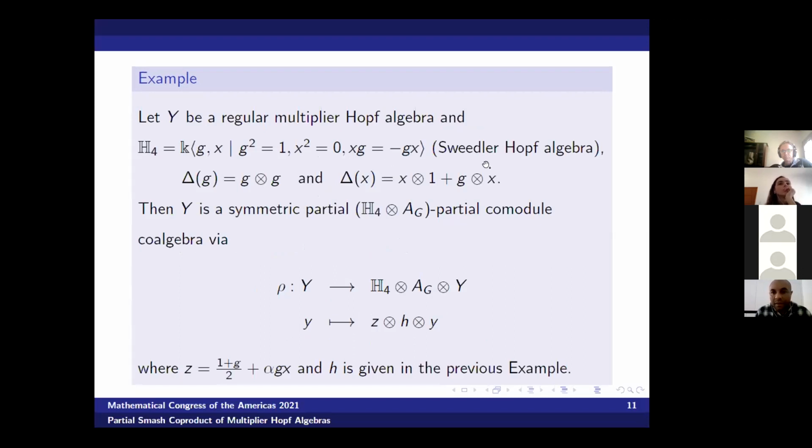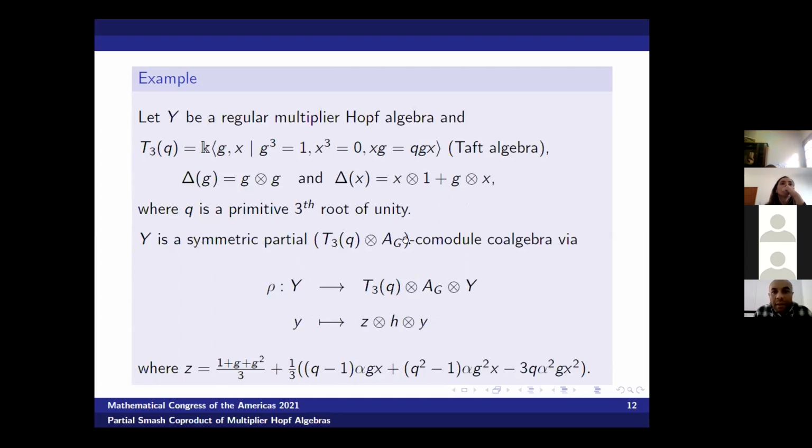We consider a Sweedler Hopf algebra, and we define this linear map. Consider the preimage of H in the algebra AG, and this element in the Sweedler Hopf algebra. Then we prove that we have another partial comodual coalgebra.